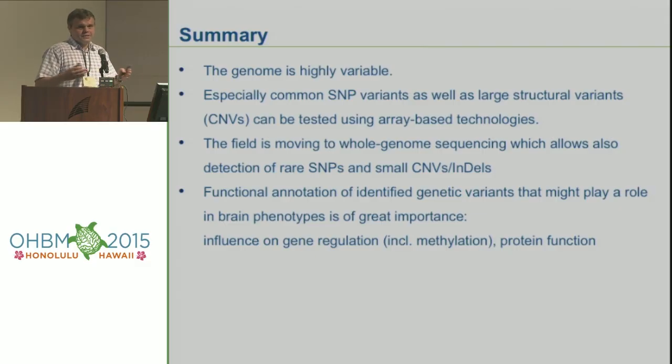If we are doing these systematic studies, we have a huge amount of multiple testing. We are testing hundreds, thousands, millions of SNPs, and then we have to correct for all the tests that we make. It would actually be nicer if we had only subsets of genetic variants to test where we know they have a functional influence. But finding out whether they have or not is really very difficult.